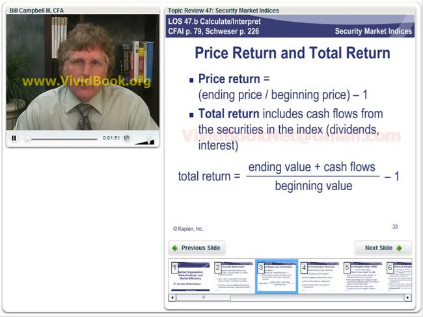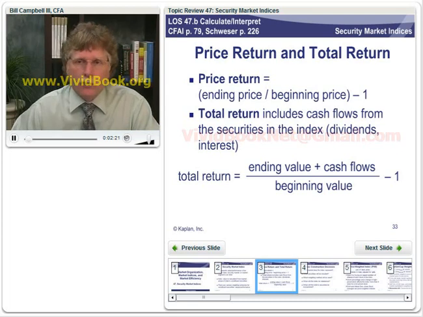The total return would be the ending value of the securities plus the value of any cash flows divided by the beginning value of the securities. All that minus 1 would be the total return. So when you establish this index, in addition to determining what securities are going to be in there, in addition to determining how you're going to weight the securities, you also have to determine how you're going to calculate return. Are you going to calculate only price return, or are you going to calculate total return?